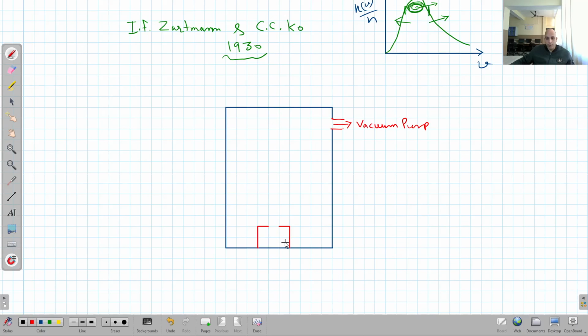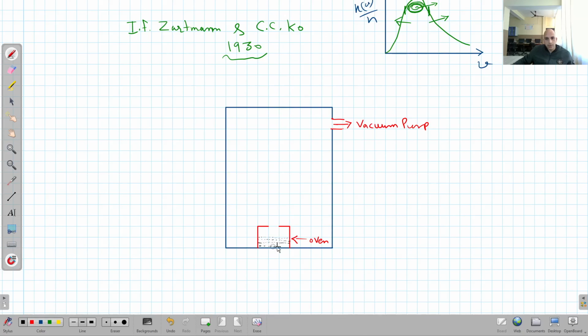And this is an oven, clear? Heating oven that contains a particular material. Here in this particular case, the material that they have taken was bismuth, clear? So it is bismuth in liquid form.